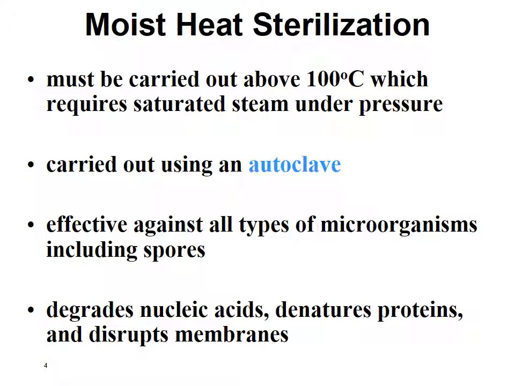This is usually 121 degrees Celsius and 15 pounds of pressure. At this temperature, saturated steam destroys all vegetative cells and endospores in a small volume of liquid within about 10 to 12 minutes. Treatment is continued for a further 15 minutes just to provide a margin of safety.